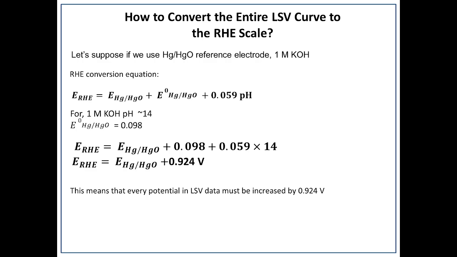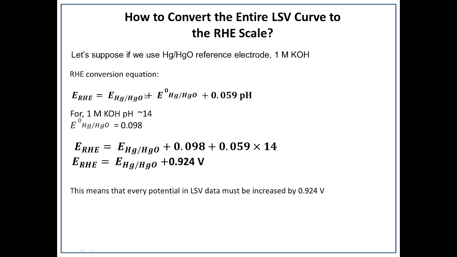Suppose we use a mercury oxide reference electrode and 1 molar KOH. We know the RHE conversion equation: E_RHE is equal to E_HgO plus E naught HgO plus 0.059 pH. This is the conversion equation. So what is E_RHE? It is the potential versus the reversible hydrogen electrode, and this is what we need to find out.